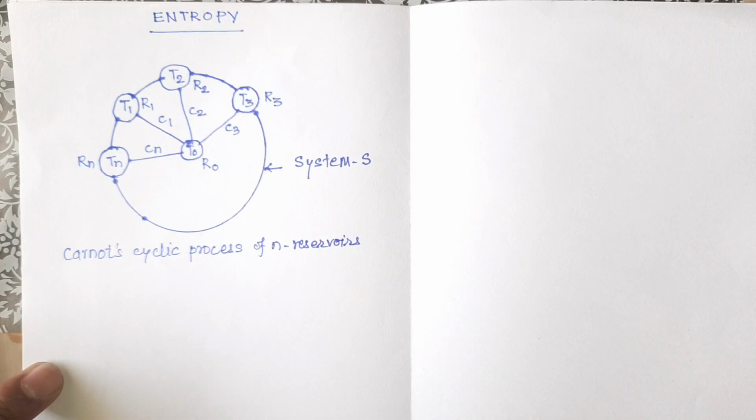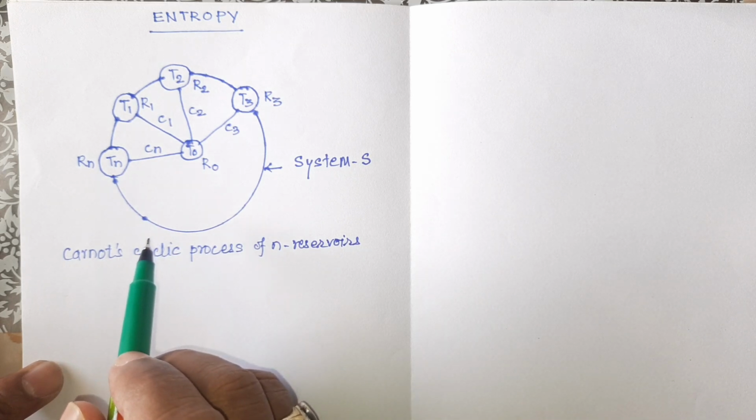So here consider a system consisting of n Carnot cycles performing a cyclic process. So I will draw a Carnot cyclic process. Consider a system performing a cyclic process consisting of a sequence of states.